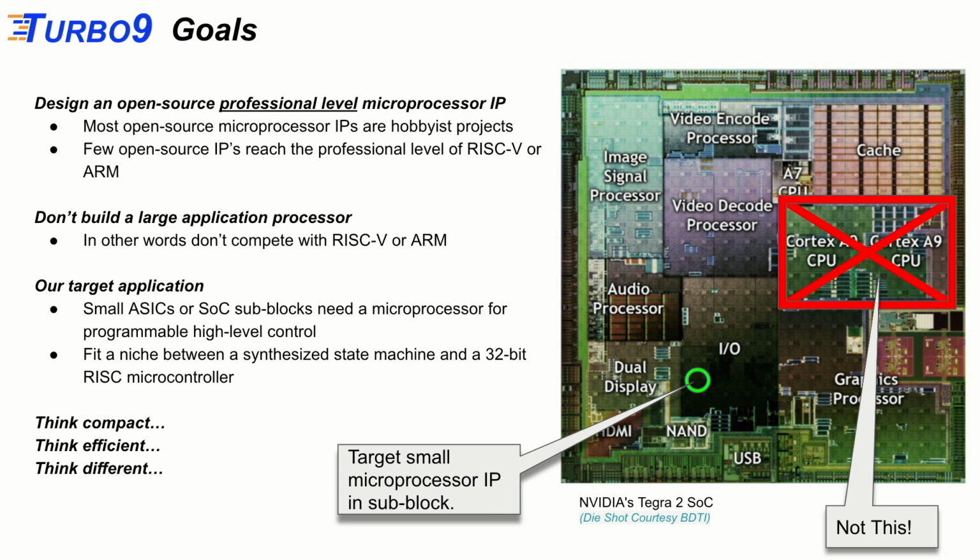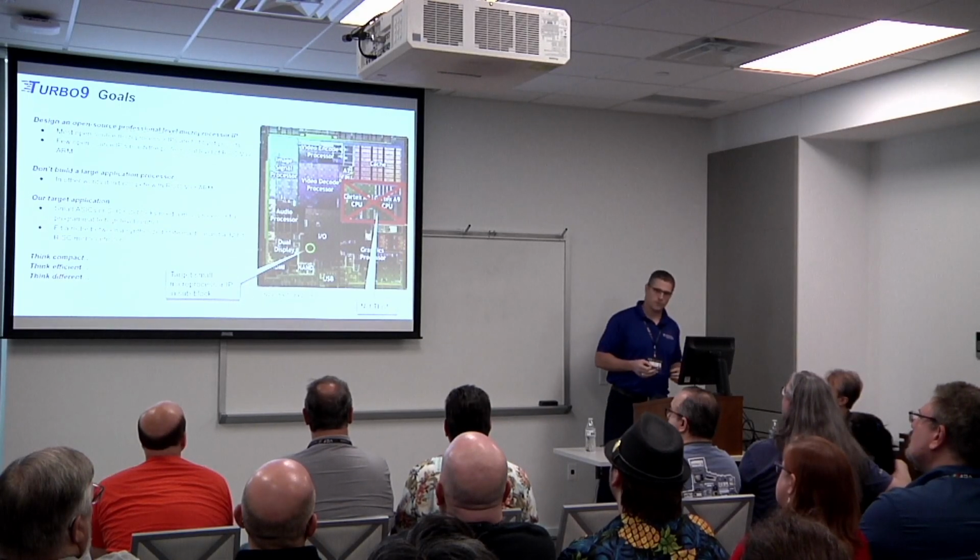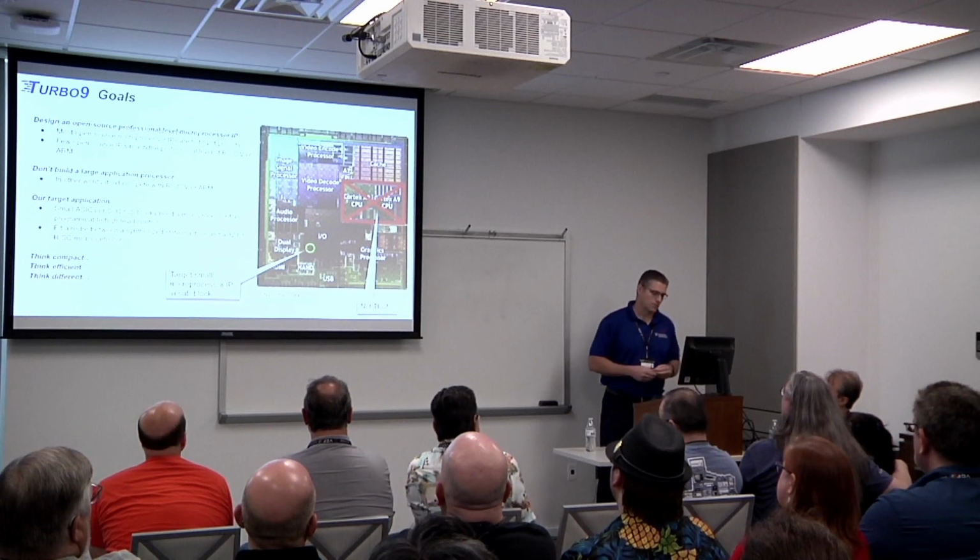In today's industry, you have these big ASICs, big SoCs, and they have these large application processors, like an ARM or RISC-V four-core processor. That's not what we're trying to compete against, because in these SoCs there are also a lot of other blocks, GPUs, storage controllers, that need some level of high-level control. So we're trying to build a very small footprint but high-performance microprocessor IP.